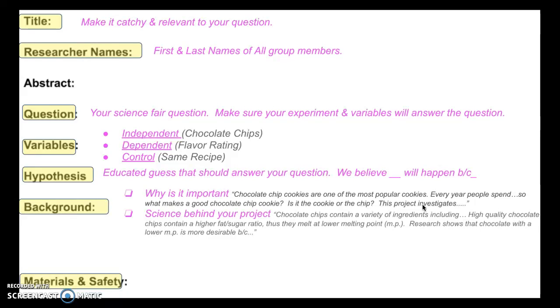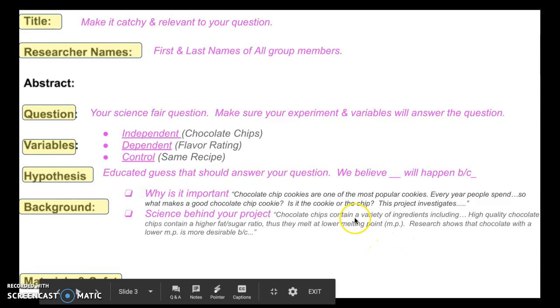So I could say something like, chocolate chips contain a variety of ingredients, including some of these. High quality chocolate chips contain a higher fat to sugar ratio, thus they melt at a lower melting point. Research shows that chocolate with a lower melting point is more desirable because. So here you can see a couple things that I've researched. One, I've researched what makes chocolate high quality.